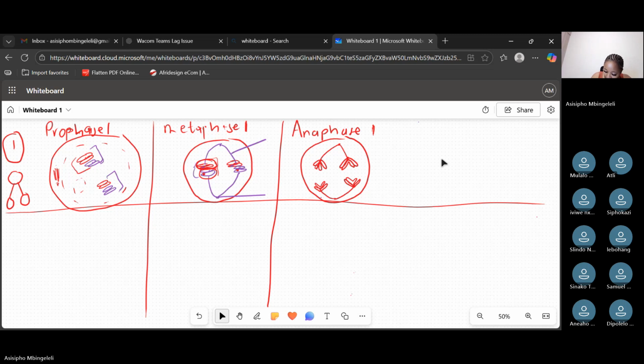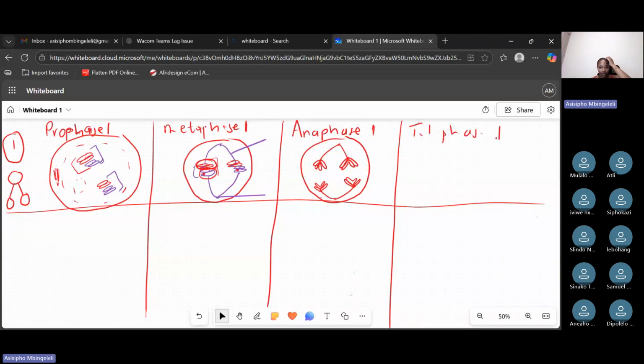And then at the end of meiotic division 1, we will have telophase 1, PMAT, in that order. So this will be telophase 1. Now, what will happen in telophase 1 is basically a continuation of anaphase 1.